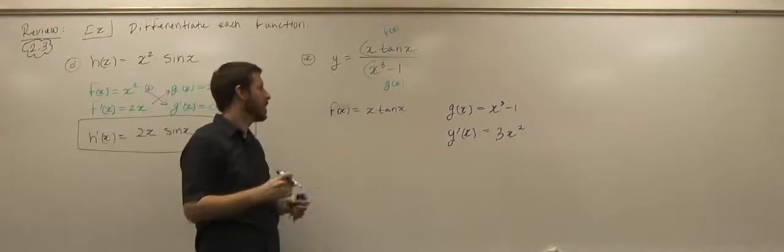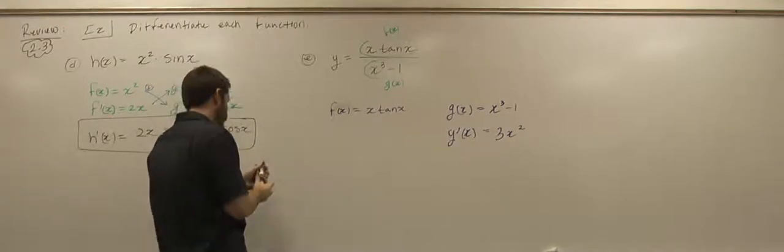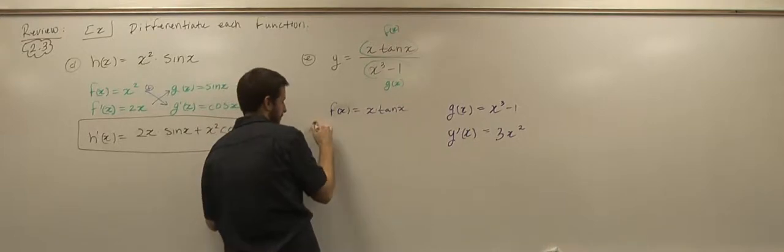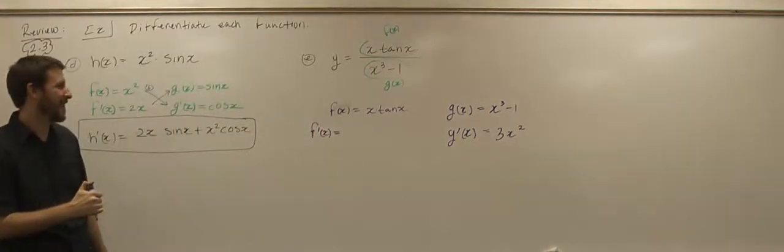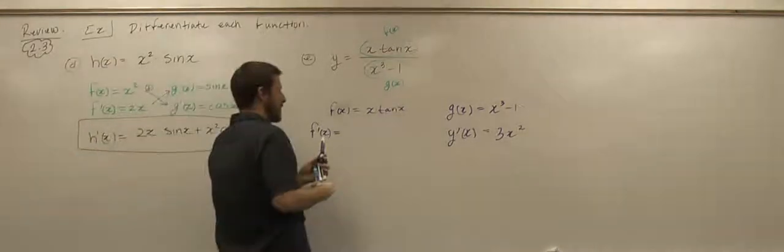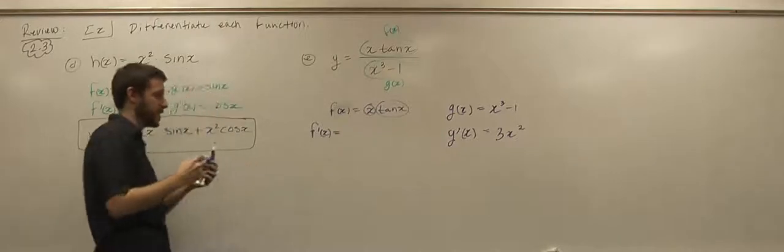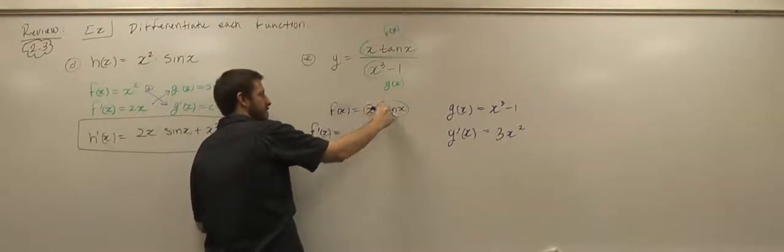I don't know, maybe you can do it without setting up your table. What do you think? Nope. So the way this works is you're going to break this up into another f and g, or whatever you want to call it, u and v. And you're going to have to do the derivative of the first times the second.